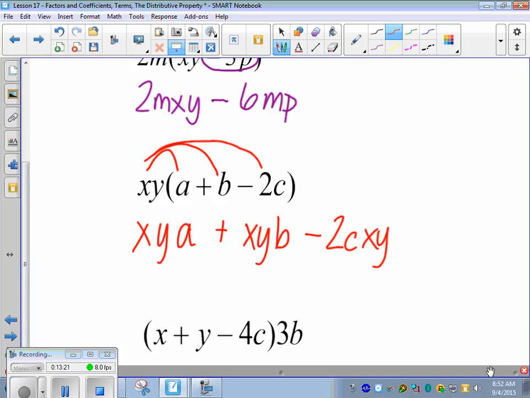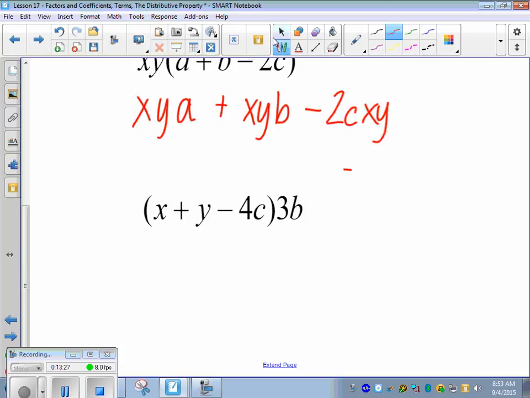One more down here. Now we have our extra thing on the outside of the parentheses on the right. That's fine. I'll just write my arrows in the other direction. Still works just the same. Or if you preferred, you could cross this 3b out and put it on the front.